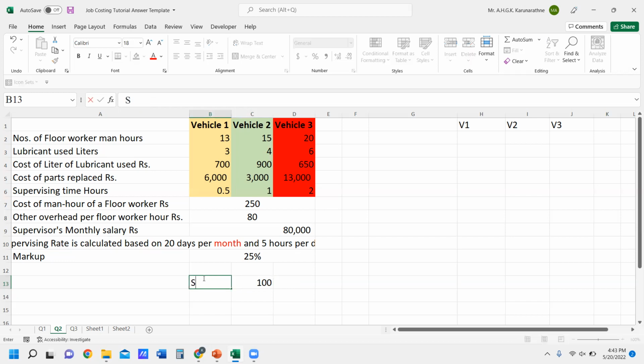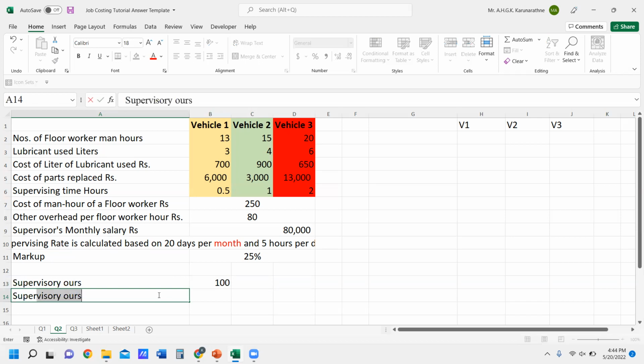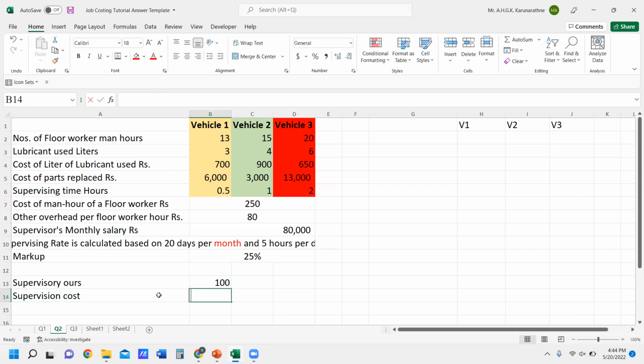Supervisory hours, it is 100. Then cost. Supervision cost, the salary, is 80,000 rupees.